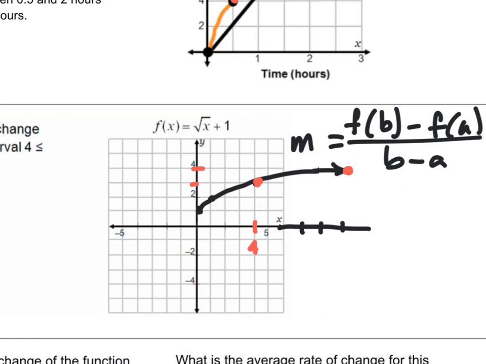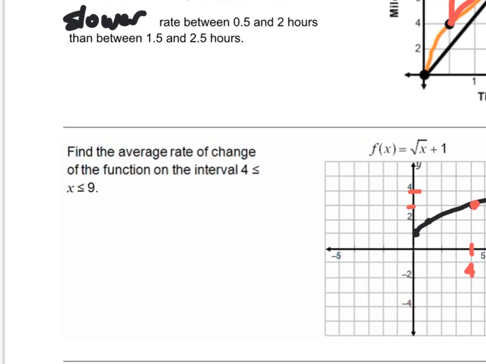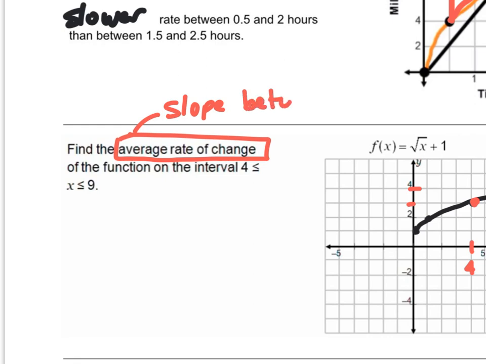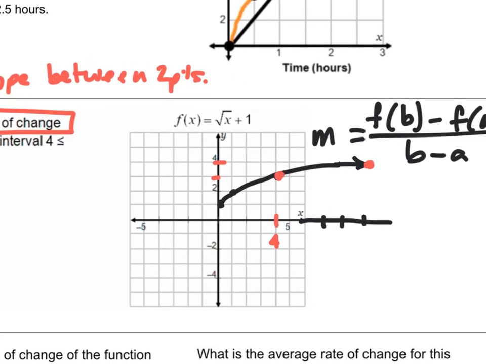Now, what we want to do is find the average rate of change. When it says average rate of change, I always think slope between 2 points. If I take these 2 points here and connect them with a line, I want to find the average rate of change.